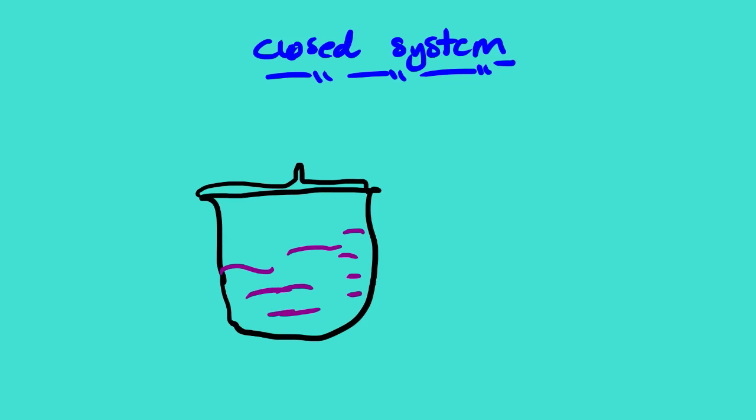We refer to this as a closed chemical system, and we normally say this container is isolated from the surroundings, so the contents inside cannot be disturbed by the surroundings of this system. It's isolated.